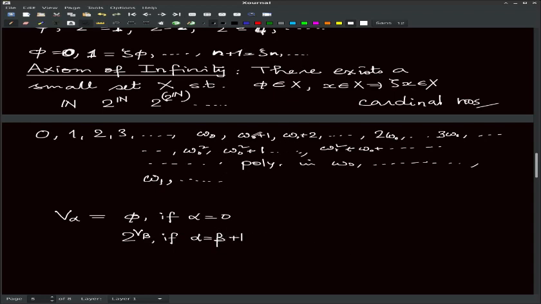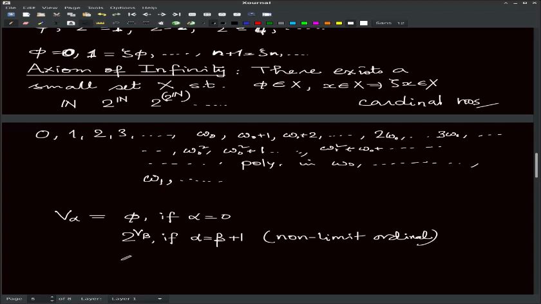So that's exactly omega plus 2 means this plus 1, and so on. Such things are often called non-limit ordinals. So if alpha is a non-limit ordinal, these are precisely the ones which look like this. And then it has a predecessor, beta. For beta we have already constructed, and then you take its power set.